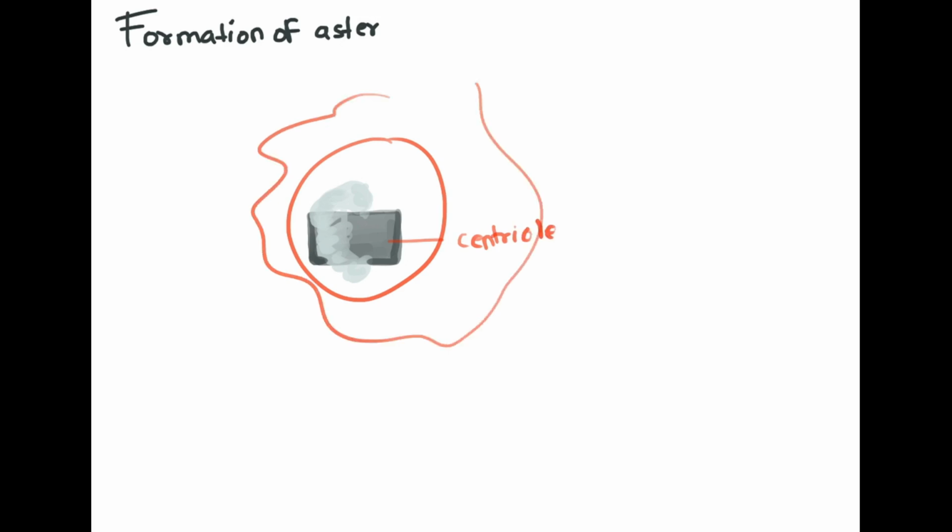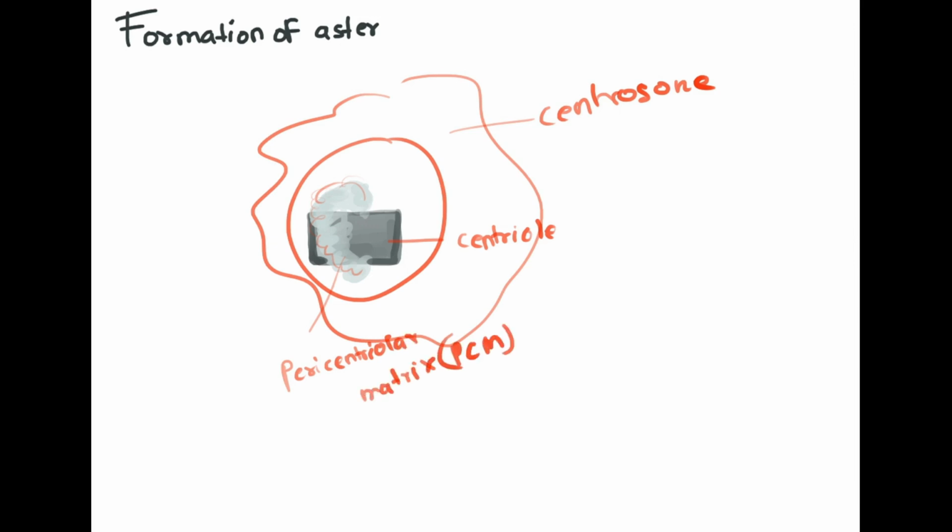The structure you can see right here is the centriole, and the centriole is usually found in the centrosome. Around the centriole, there is a small cloudy mass, which is also known as the pericentriolar matrix, or the PCM.